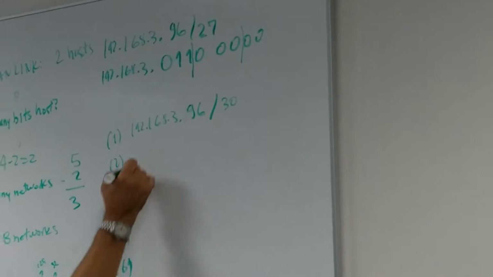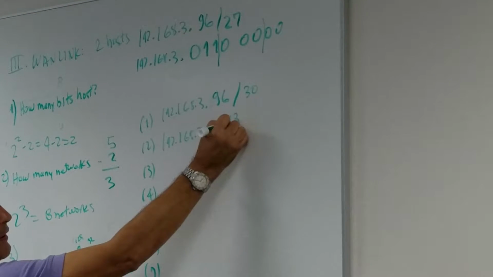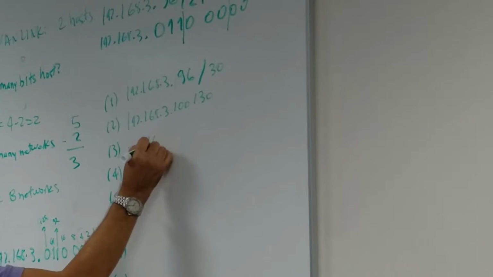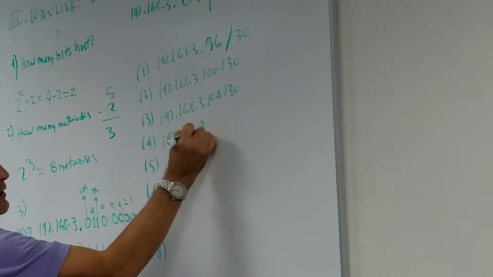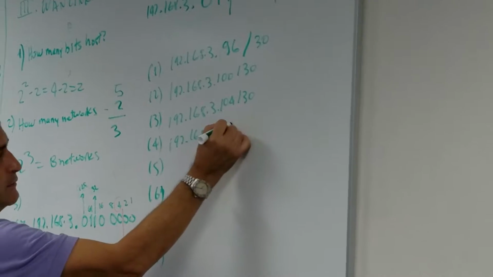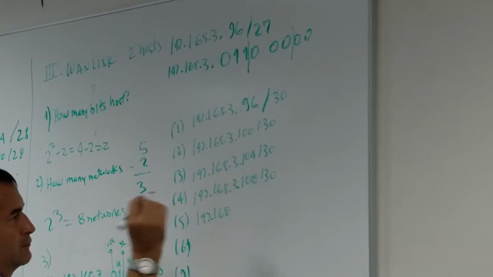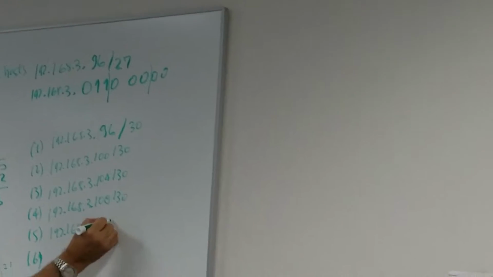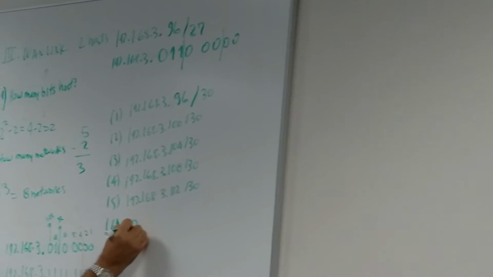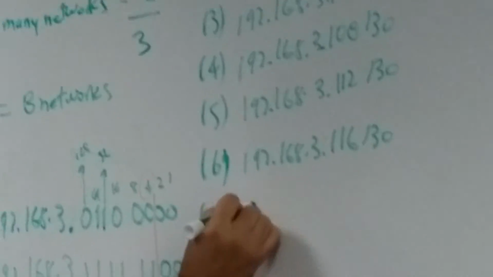We add up the 4, so it's gonna be 192.168.3.100, 192.168.3.104, 192.168.3.108, 112, 116.